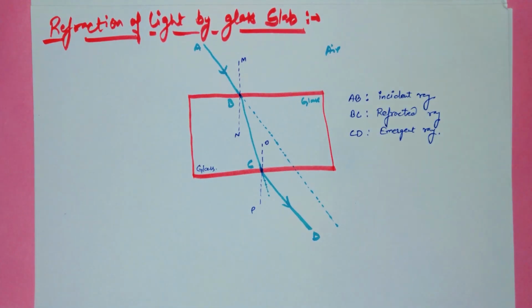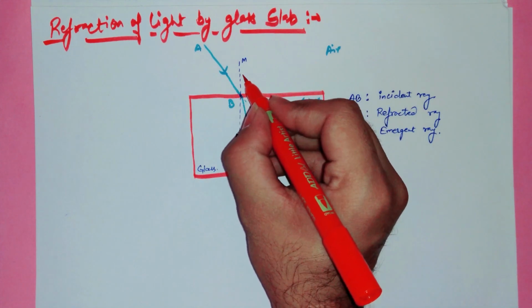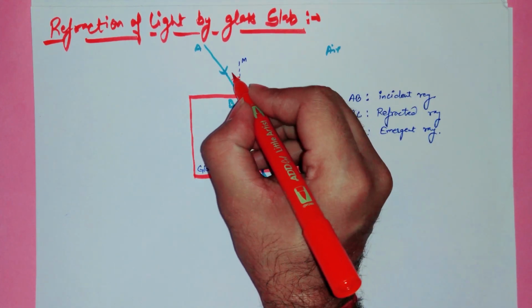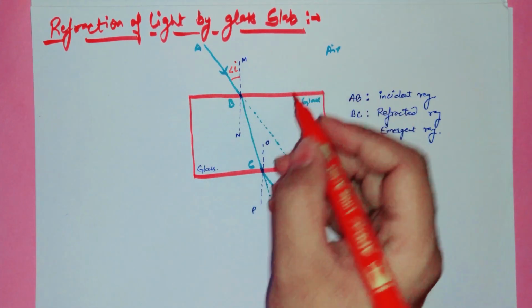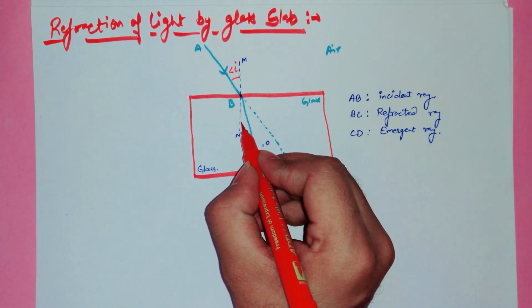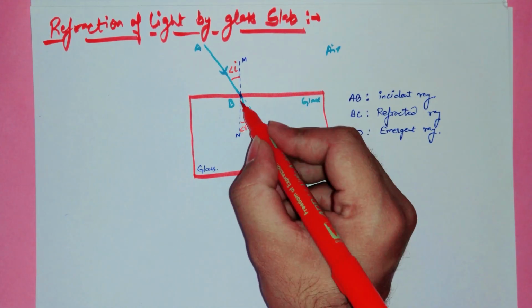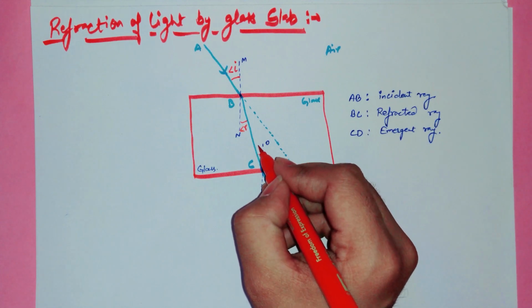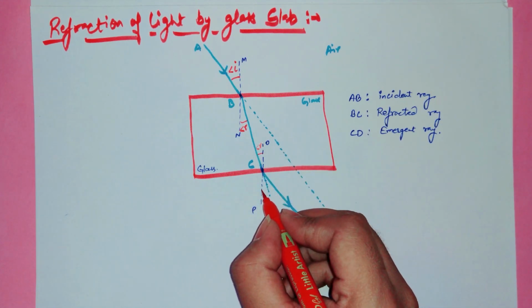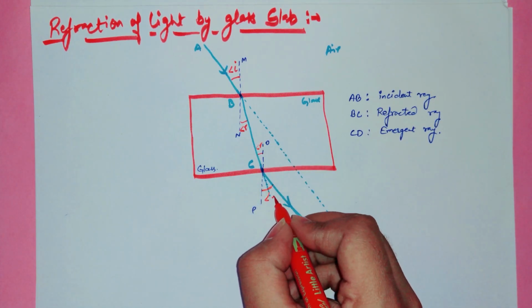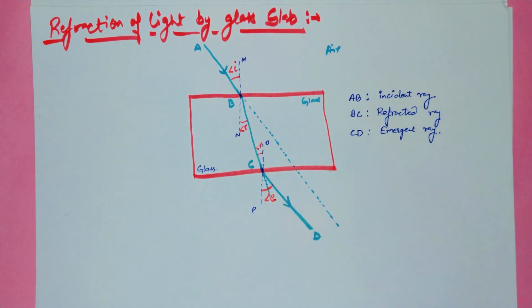Clear? Now the angle between the incident ray and normal is called angle of incidence. This is angle I. The angle between refracted ray and normal, this is angle R. Again these two are normal, so this is also angle R, and this is angle of emergence, angle E. Clear?